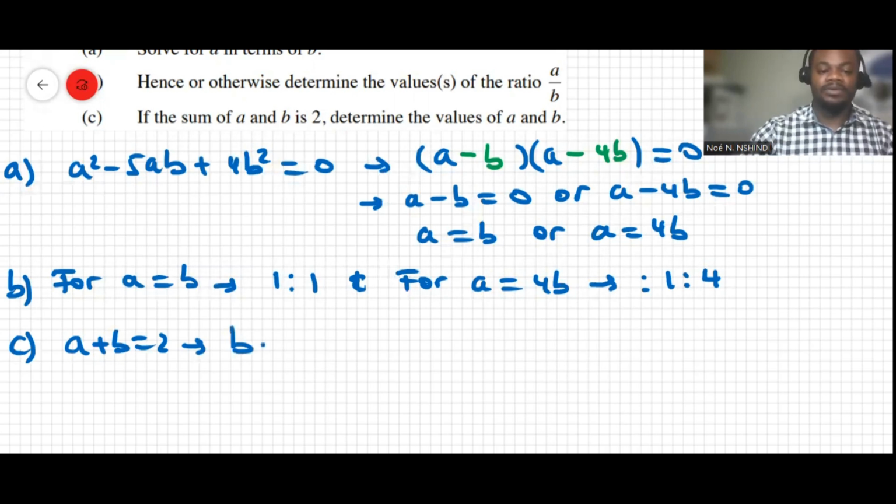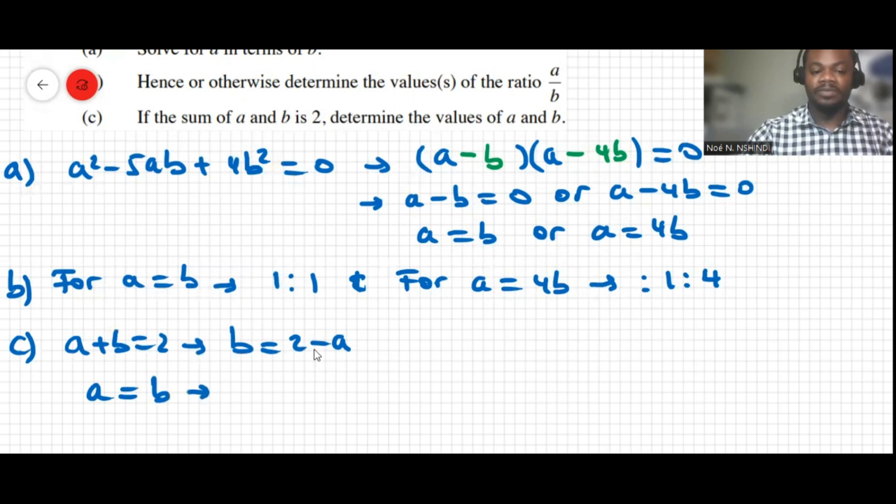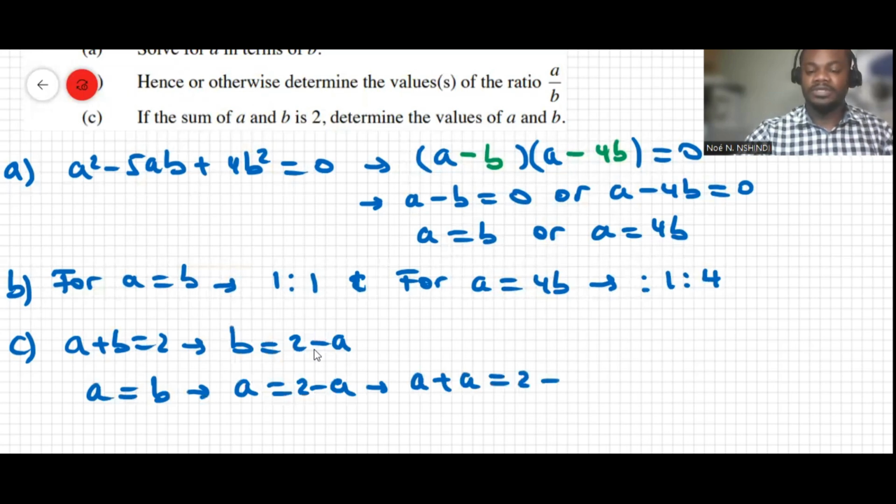So b equals 2 minus a. Then to determine the values of a and b, I'll substitute. a equals b, but b is 2 minus a, so a equals 2 minus a. If I move the negative a over, a plus a equals 2, which means 2a equals 2, which means a equals 1.